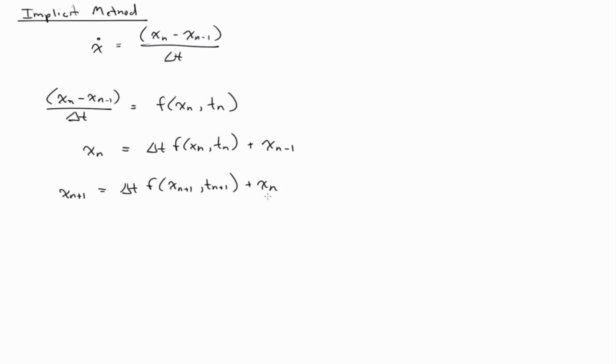So this is the old time step. These are values at the current time step, and you see they appear on both sides of the equation. So this is an implicit method. It's not written down plainly, right?